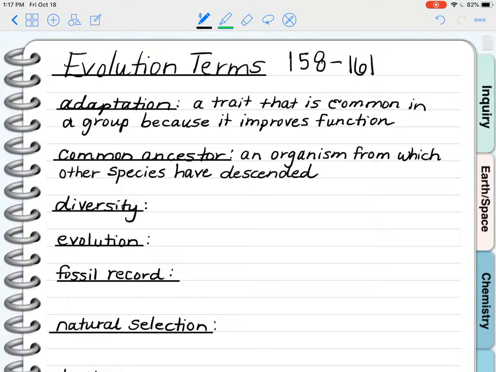Diversity is simply variation. Black moths, white moths, yellow moths, there's variation in the moth population. That is diversity. Evolution simply means genetic change over time.